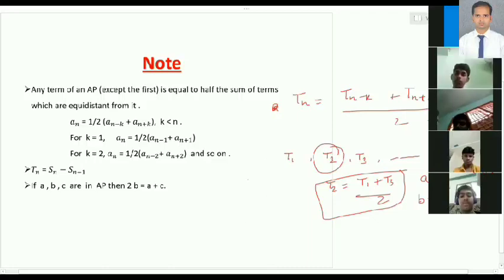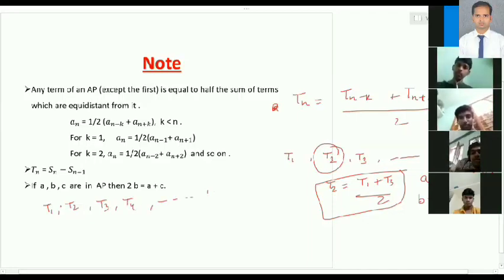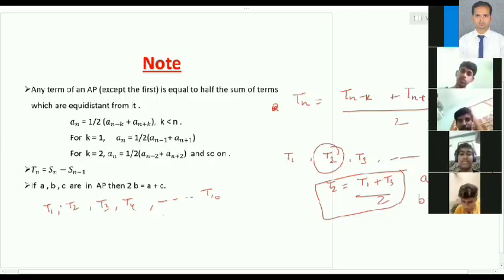Similarly, let's say I am taking T1, T2, T3, T4, up to T10. Let's say we need to find T4.